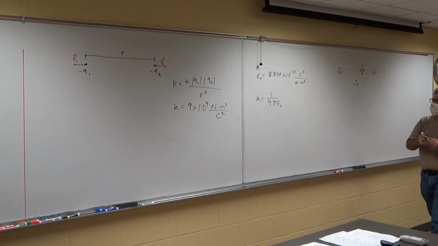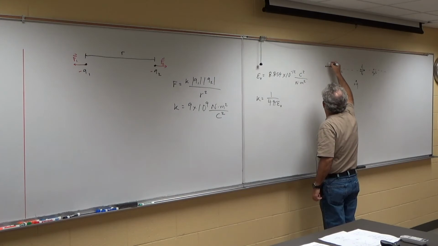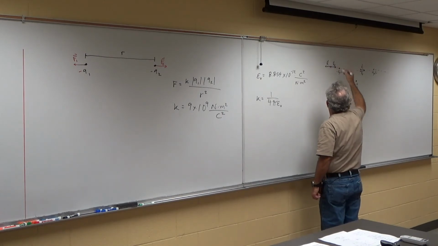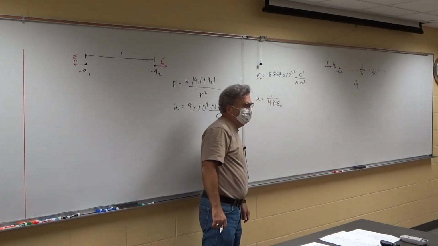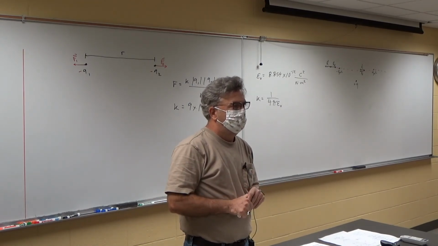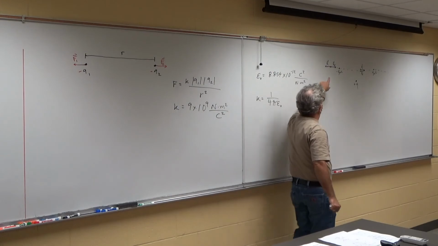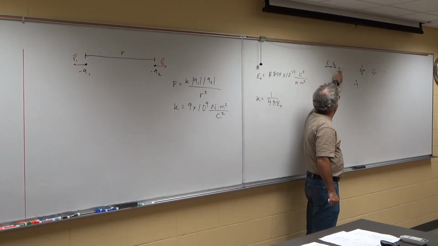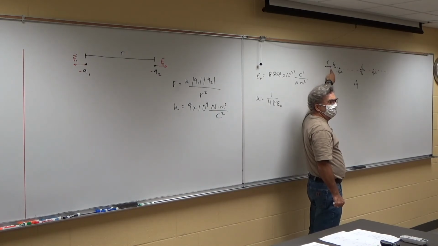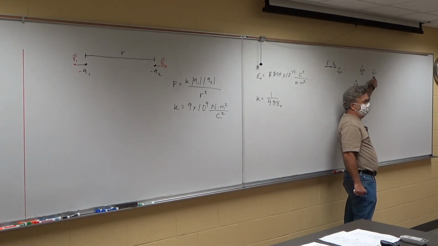You might say, well, what about over here? F1 is in this direction. F5 is in this direction. They're in opposite directions, but what's the problem with placing it over there on the left? Yeah, the 5 is always going to win. It's larger and it's closer. There's no way you're going to cancel that F5 with F1. You've got a smaller charge and it's farther away.